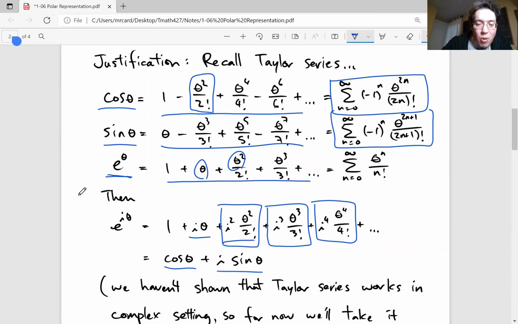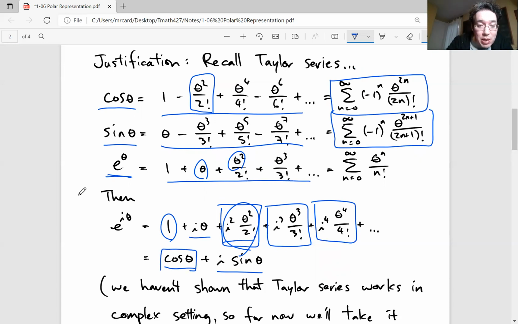So you could reorganize this, right? All the even terms alternate signs because of the even powers. It's going to be positive at first, -1 on the second term, and then +1 on the fourth term, and so on.